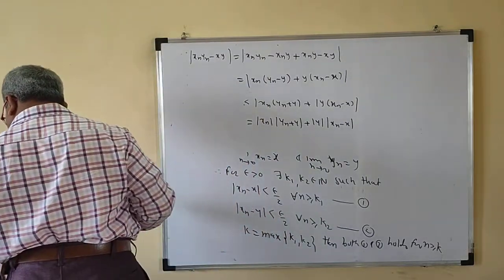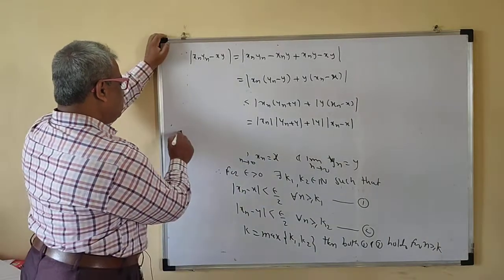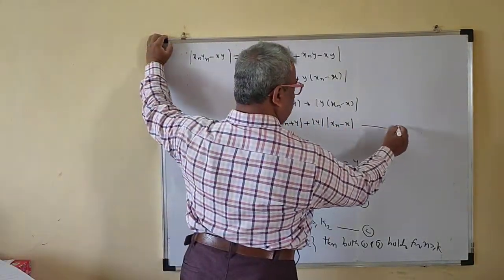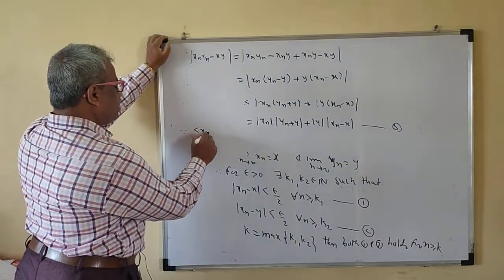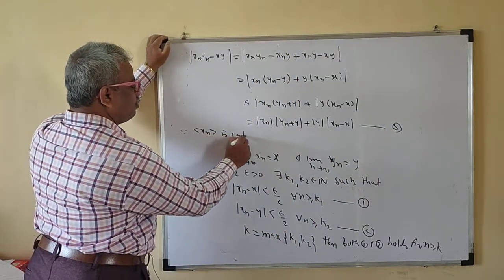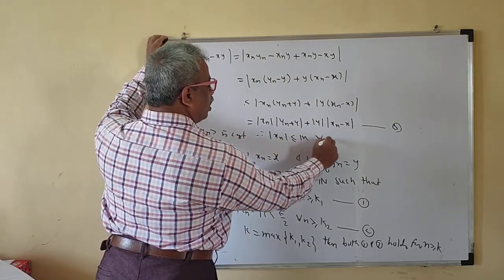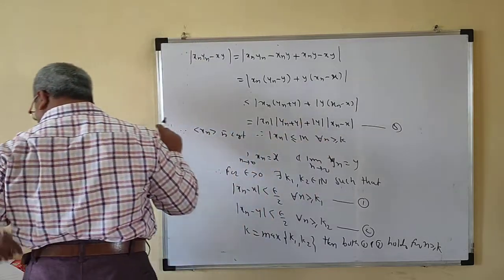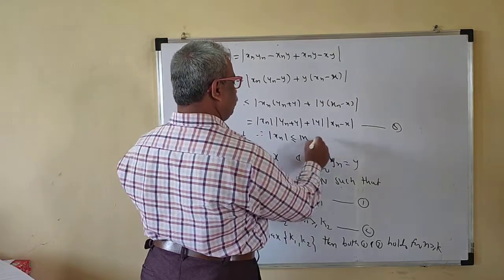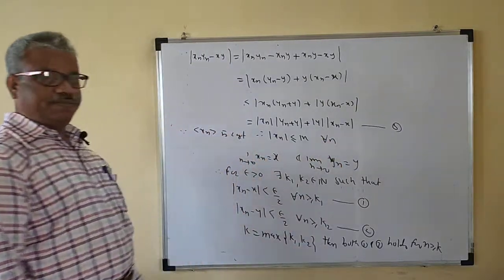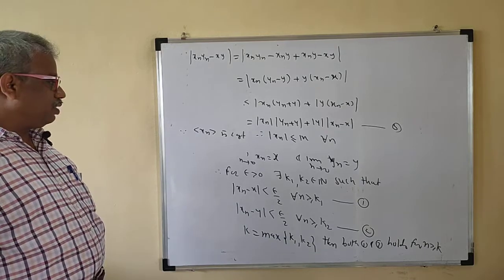I will call this 3 now. Since the sequence xn is convergent, therefore mod of xn is less than or equal to M for all n. This is true for all n, the sequence is bounded. Every convergent sequence is bounded.